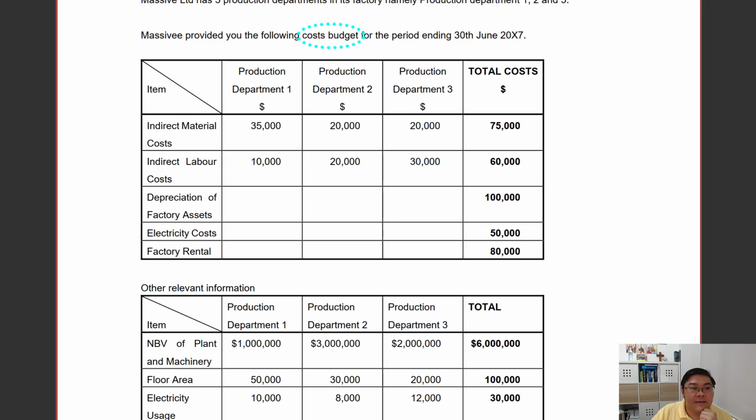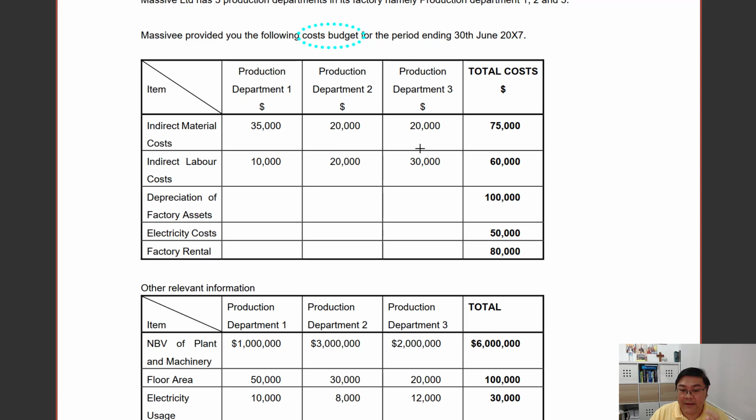Now you can see right now, I have already identified for you how much of the indirect material cost we have incurred for Department 1, 2, and 3. How much of the indirect labor costs we've incurred for Department 1, 2, and 3.